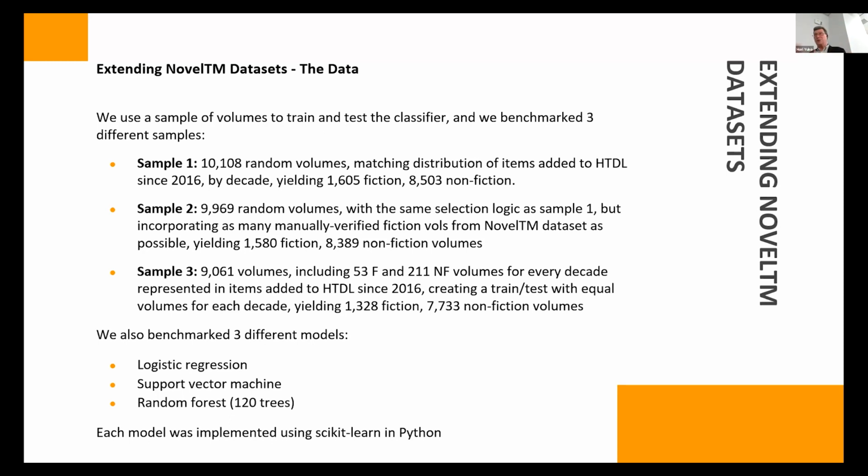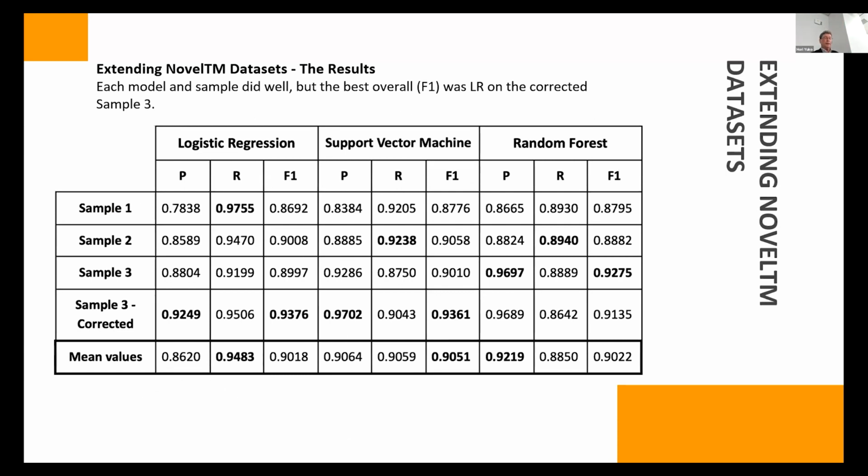We use a lot of Python notebooks. As you can see here, the logistic regression worked pretty well, and support vector machines and random forest, with, I believe, the best overall coming in with the, what was it? Support vector machine? I have to read the slide.